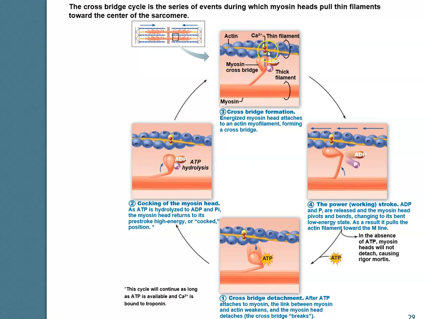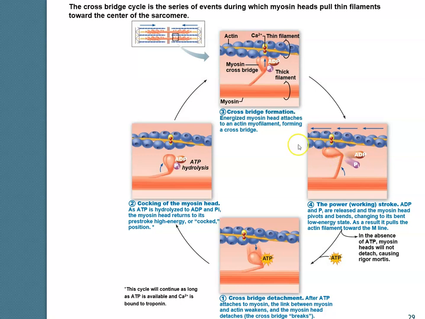This is cross bridge formation, and this happens when we release the phosphate. The next is called the power stroke, where this myosin goes back to its non-activated position because it's lost its ADP and phosphate.